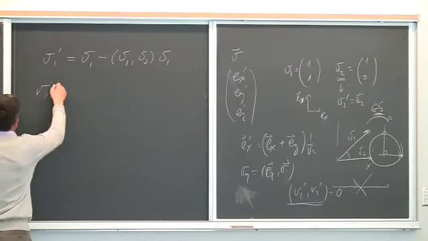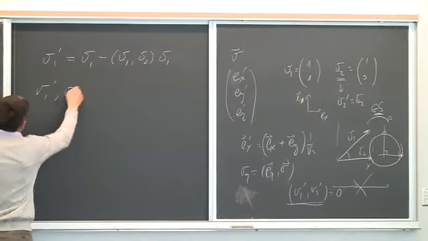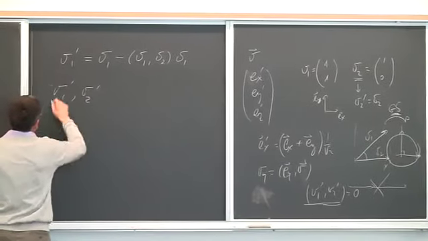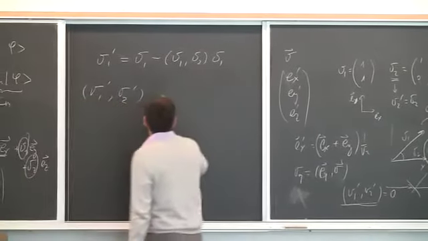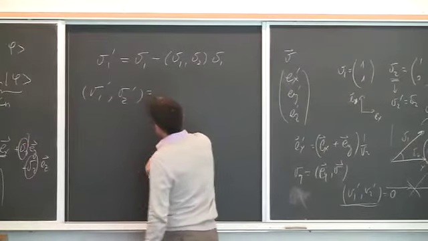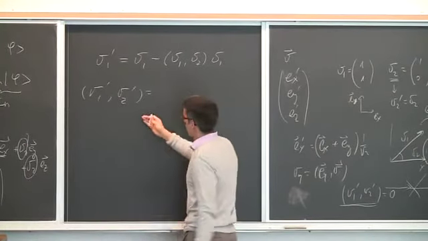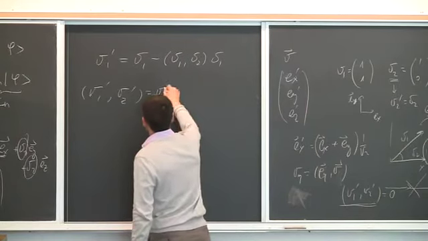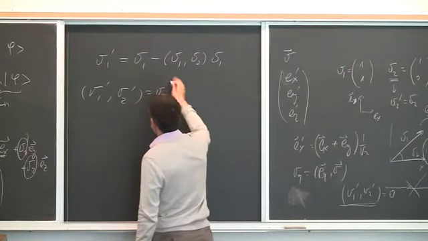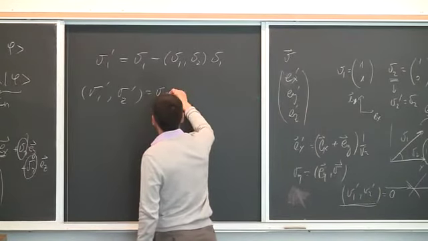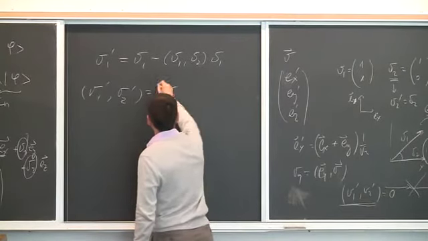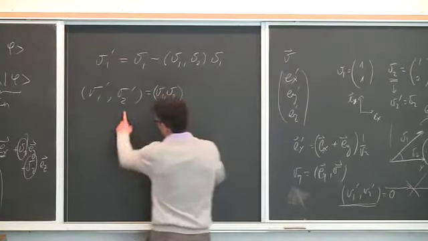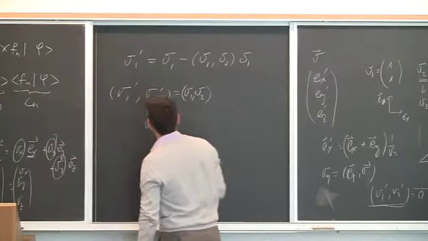Now if we take v1 prime and do the scalar product with v2 prime, which is v2, what do we get? We want to get 0, right? So let's see what we are getting from this form. We're getting v1 times v2, because v2 prime was v2, right?